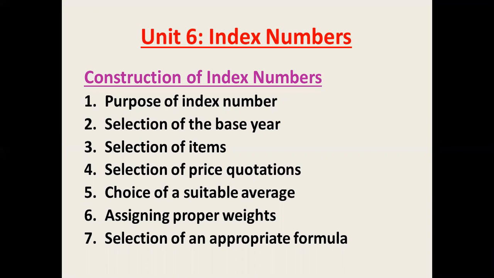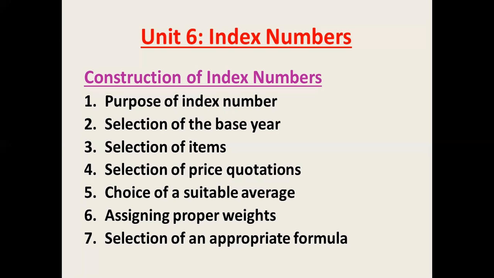For example, a cost of living index of working classes cannot be used for farmers because the items entering into their consumption will be different; each and every person's consumption is different. So we never apply one index number to another purpose. Once the purpose is clear, it is easy to construct the index number.